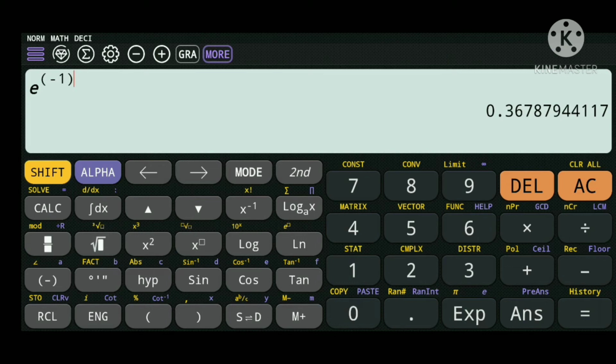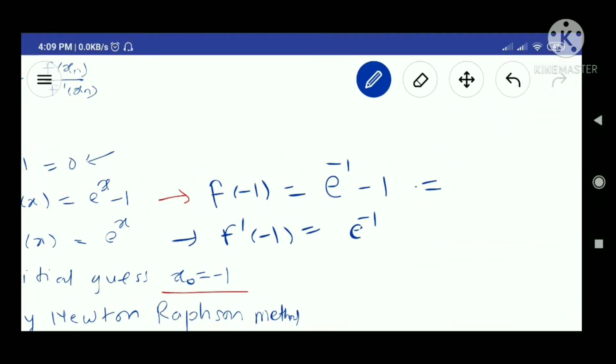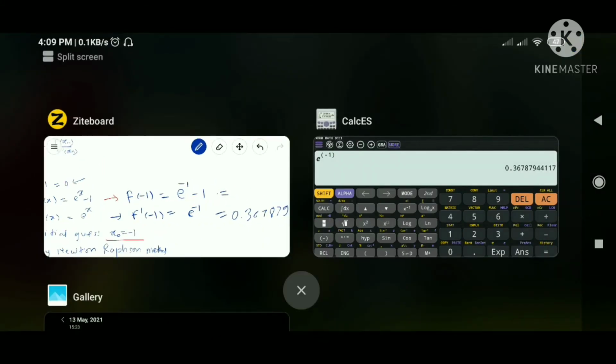So I have given you advice to fix your calc to 5 decimal places, but here, as I am using a mobile application for the scientific calc, there is no option of fixing the decimal digits, so I am manually taking 6 decimal digits. That's why I will get the correct answer. Value of e raised to minus 1 is 0.367879.